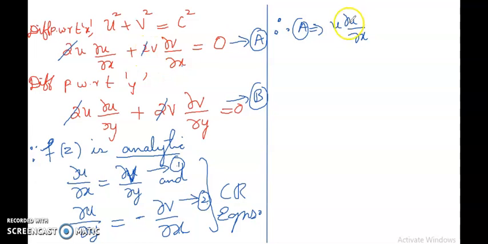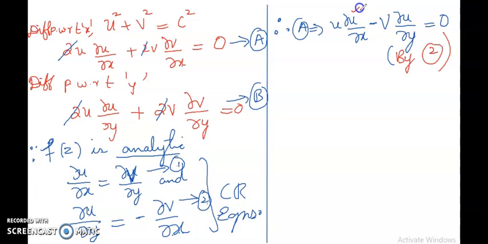So I write minus v into dou u by dou y is equal to 0. This is because of equation 2.